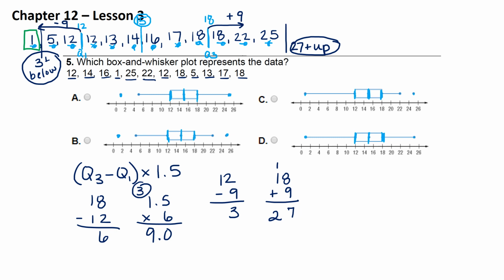And that is represented in graph A. Graph A has 1 as an outlier and 25 is part of the whisker. For B, they have 1 and 25 both as outliers. In C, 1 is not an outlier, but 25 is. And in D, neither are outliers.